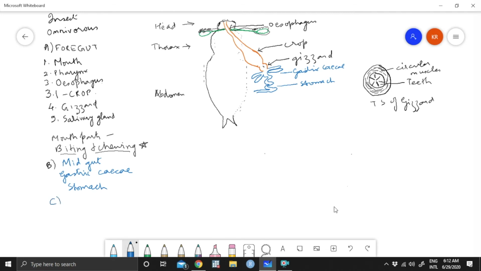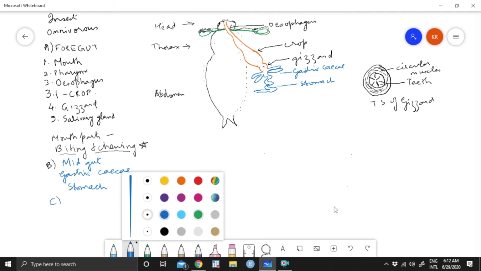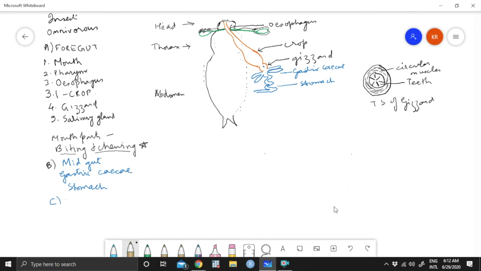And now, we will take another color. Hindgut. There will be a very thin ileum over here, and this becomes a little bigger. This also loops.